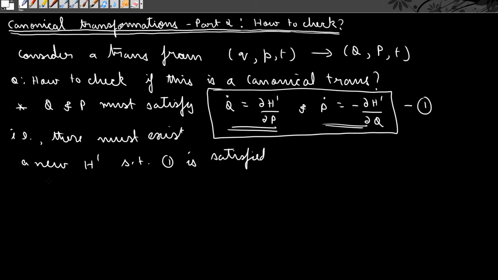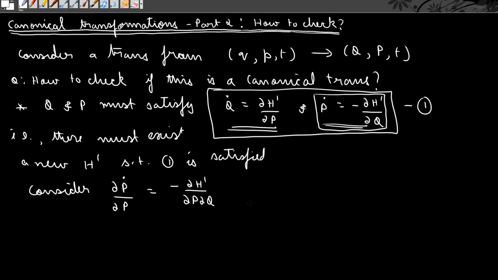Now, if you notice the following quantities, consider dou p dot by dou p. This is equal to, by using the fact that p dot is equal to negative dou h dash by dou q, minus dou square h dash by dou p dou q. Now when I differentiate it like this, I can choose any order.